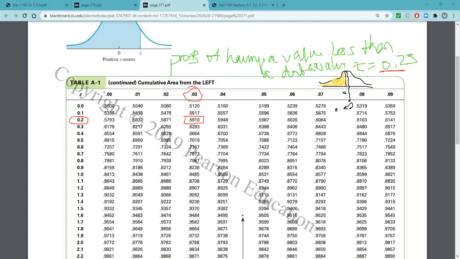I can see I have a value of 0.5910, or essentially I could say that 59.1% of our data lies to the left of z equal to 0.23.